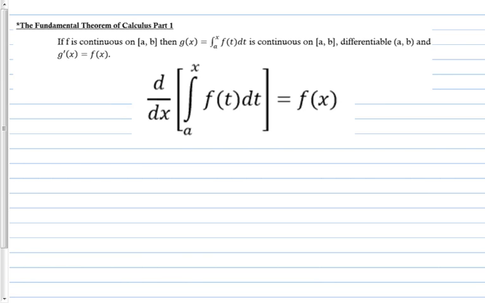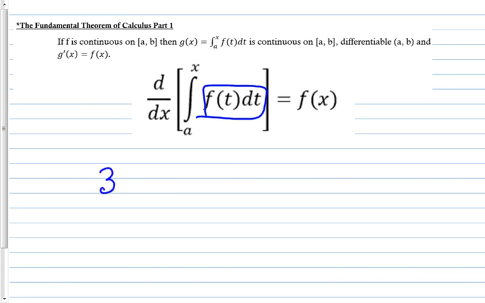Okay, so what this is saying is that if I were to have a function f of t, which is being integrated with respect to t, and I were to integrate this function and then derive it again, I would end up right back where I was, which makes sense.